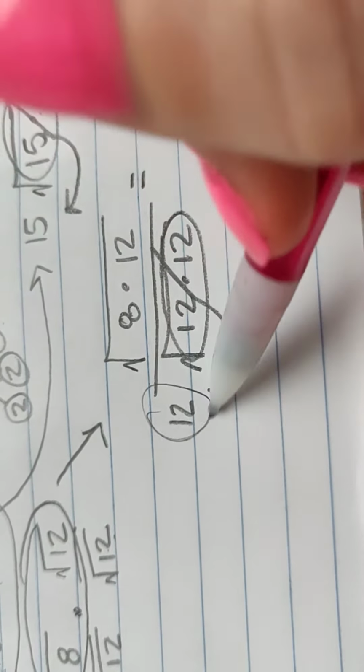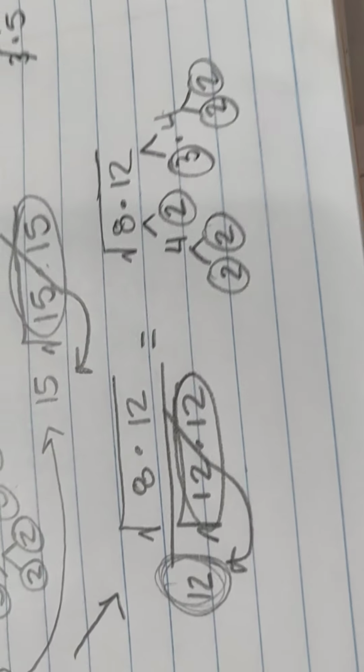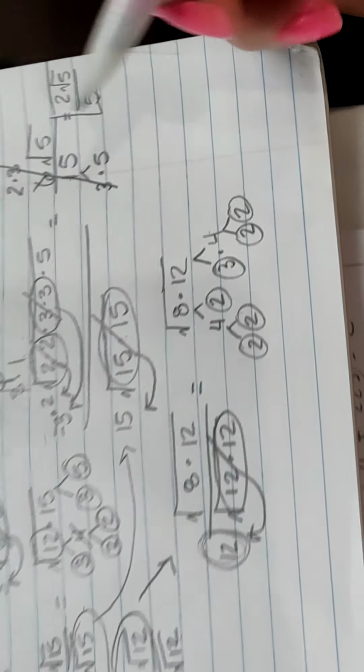And then 12, you can either break that up into 2 and 6, and then 6 breaks up into 2 and 3, or you can multiply it by 3 times 4, and 4 breaks up into 2 times 2. You'll get the same answer. Doesn't matter which way you break it up. So some people might do the 2 times 6 equals 12. Some people choose to do 3 times 4. Either way, we're on the top.